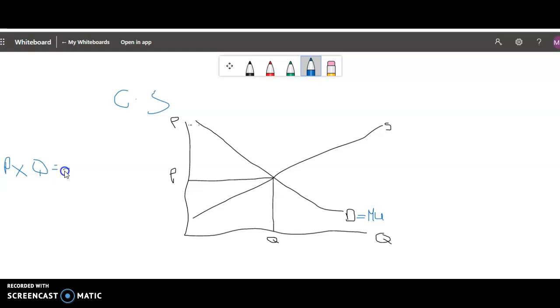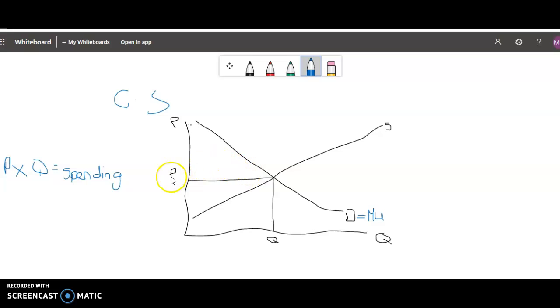Okay, so this is how much consumers have spent on the product when the price is P and the quantity sold is Q. Sorry, it takes a while to do this with my mouse, so I don't have a fancy pen on me right now.